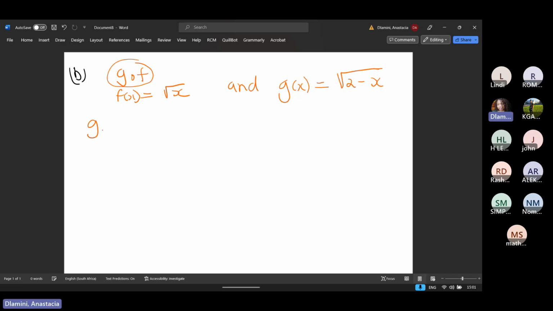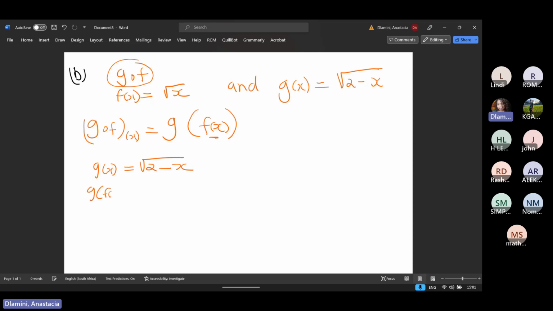Good. So this means that f of x is inside g of x. Right? So we know that g of x is equals to square root of 2 minus x. They say where I see x, put f of x.